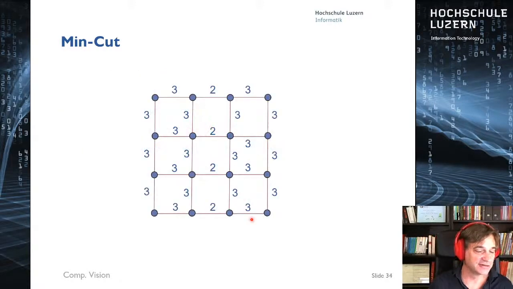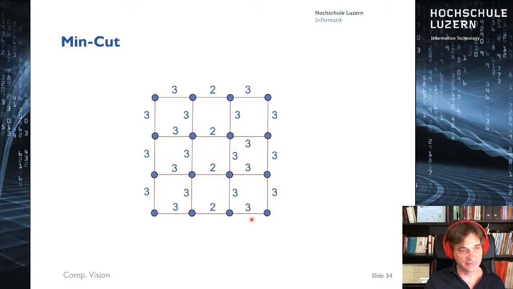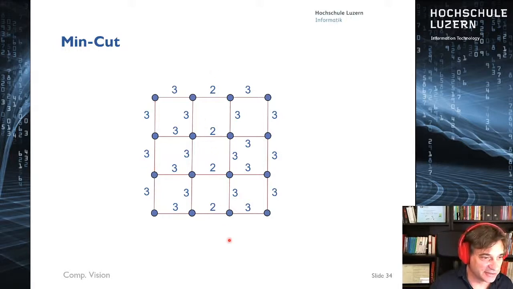So let's look at the example here. This would be an image with some pixels, and I have assigned some weights between each pair of pixels, so all the edges. The weights are all 3 in that part of the image, and the weights are all 3 in that part of the image, and between those two parts the edges have a lower weight of 2.